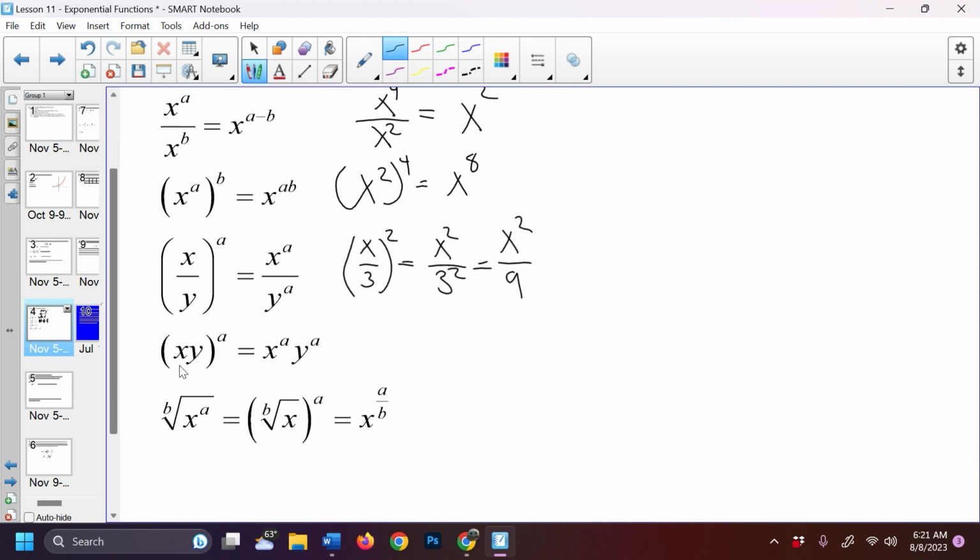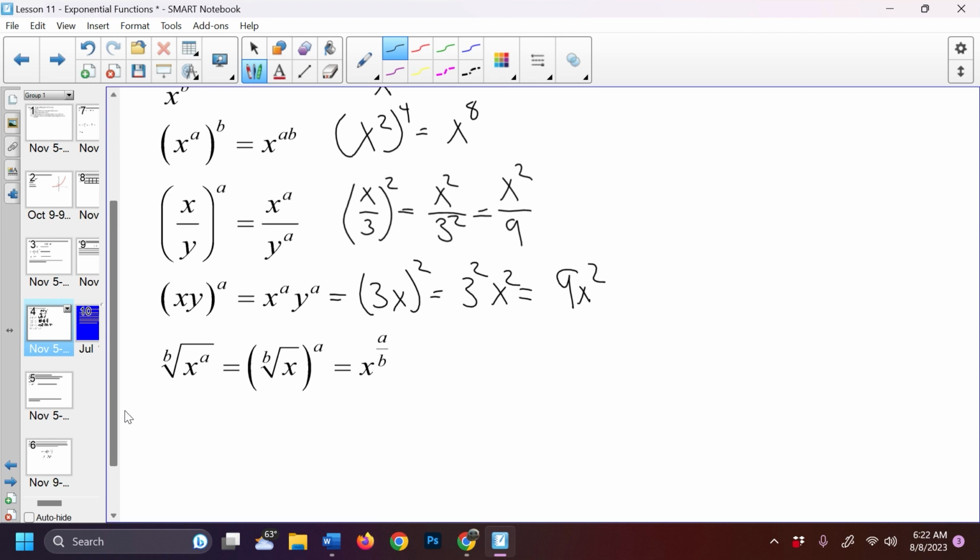If I take a product to a power, I take each of the elements in that product to a power, and then I multiply. So 3x squared would be 3 squared x squared, which I would give as 9x squared. And then finally, radicals can be written as rational exponents.